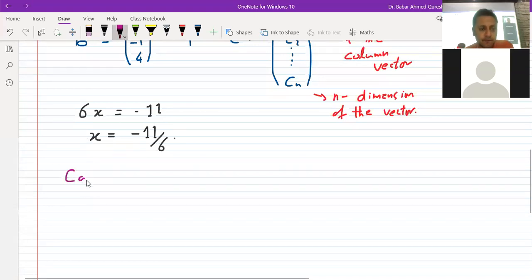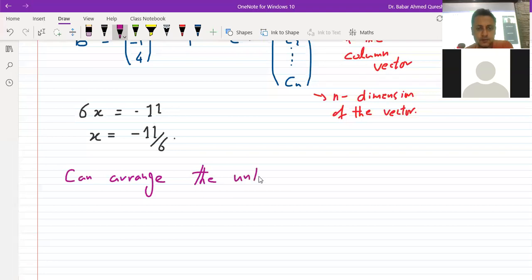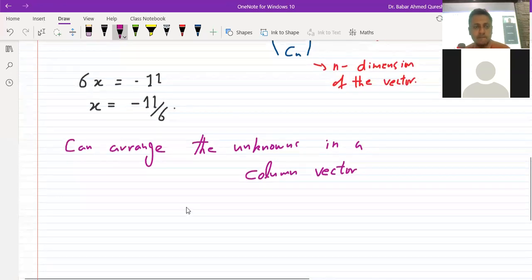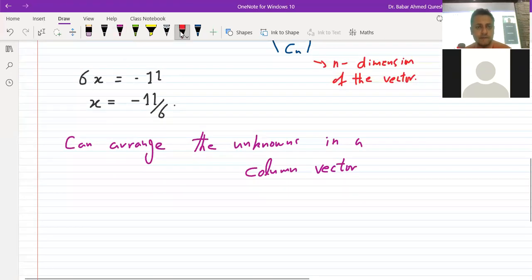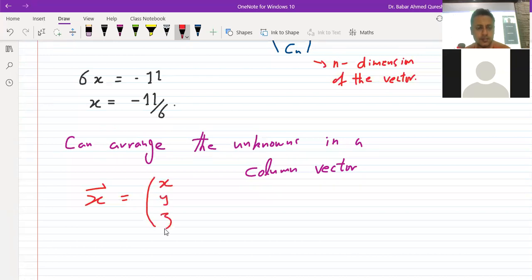You can arrange the unknowns in a list, or in a column vector. So like in our example, that would be a vector where the unknowns were x, y, z.